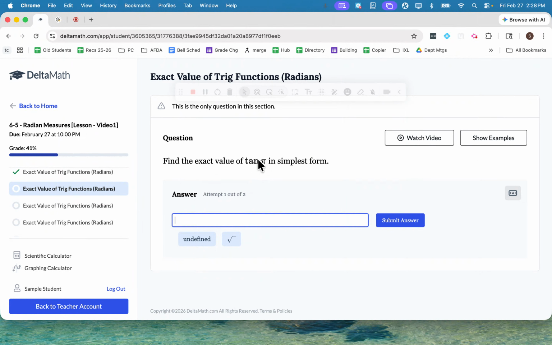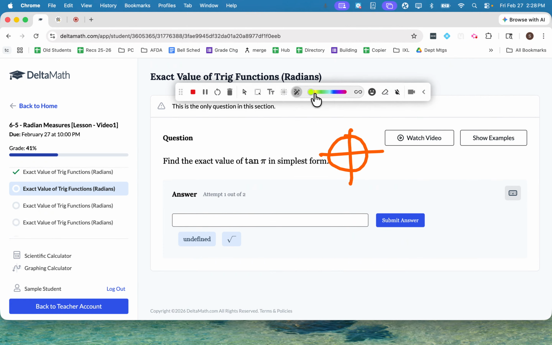Exact value of tan of pi. Okay, so let's locate ourselves first. Where is pi? That's kind of an easy one if you just know the fact that half a trip around the circle lands you at pi. What is the tan of this?